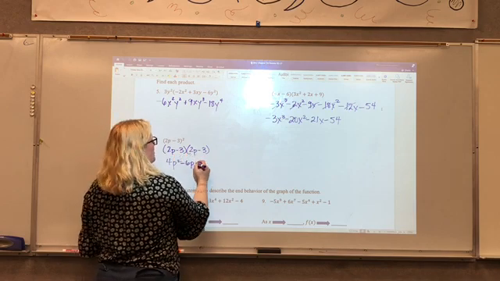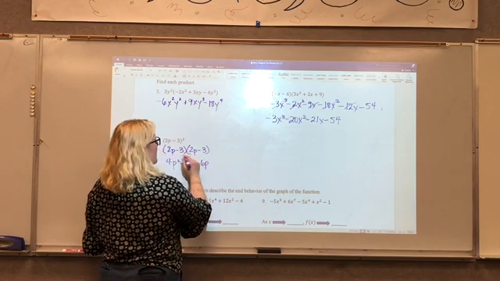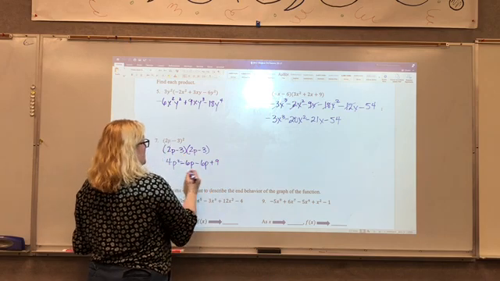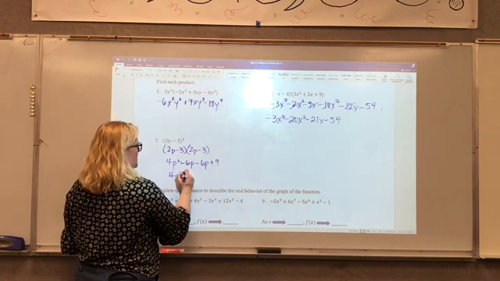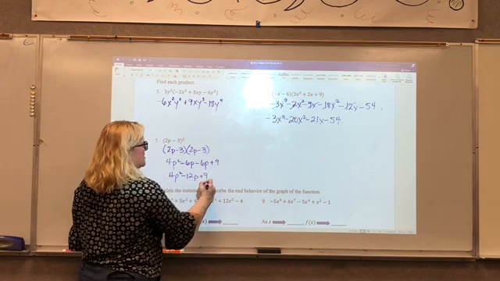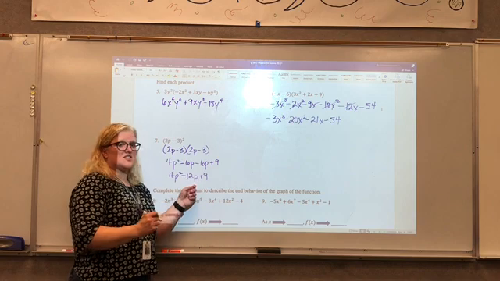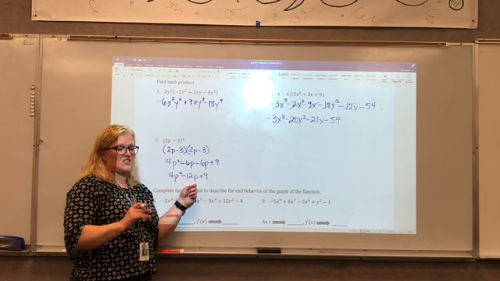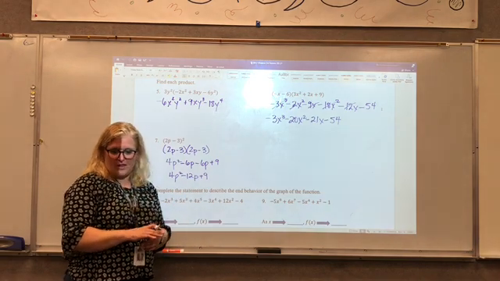Negative 3 times 2p is another negative 6p, and then we have a positive 9. So the answer is 4p squared minus 12p plus 9, okay? Just keep that in mind, because I see that all the time.